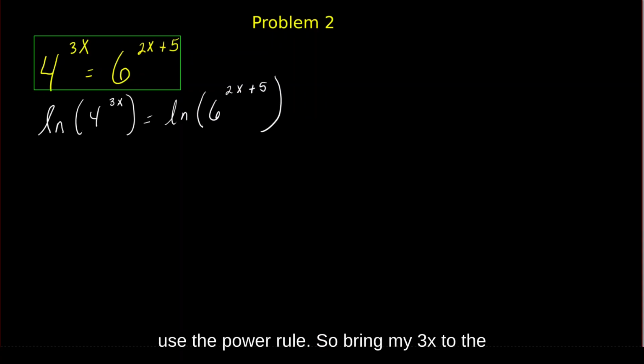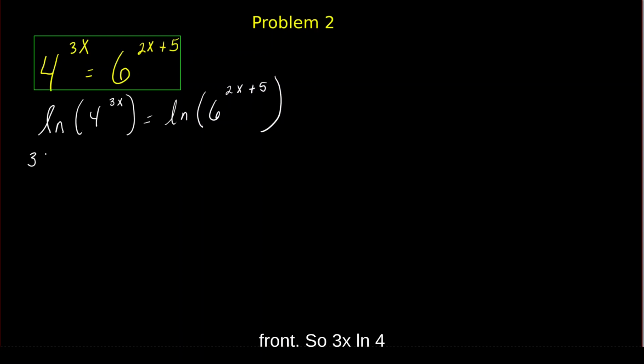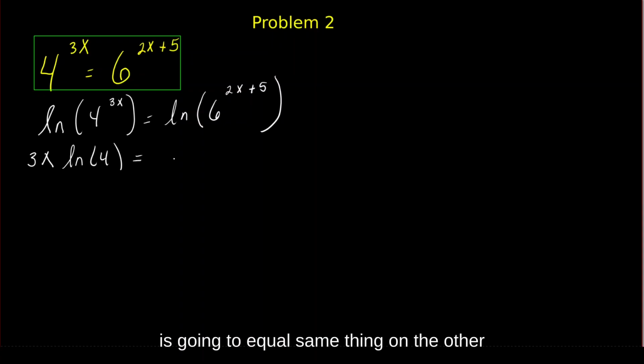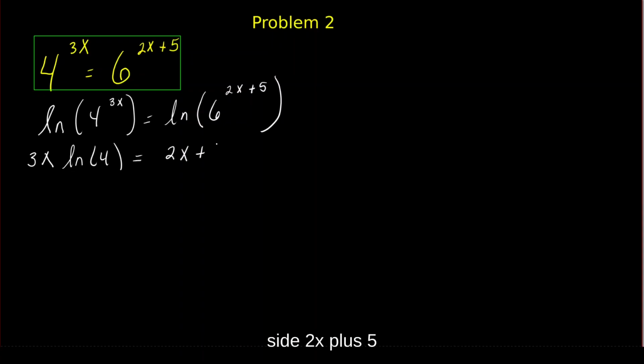Okay, let's use the power rule. So bring my 3x to the front. So 3x ln 4 is going to equal, same thing on the other side, (2x plus 5) times the logarithm of 6.